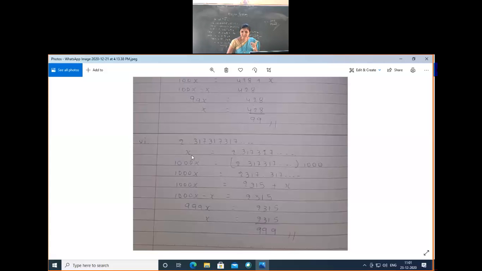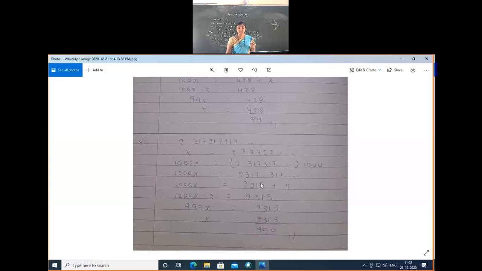Yes. First step is x is equal to 2.317, 317, 317, so on up to infinity. Then we have to multiply both sides by 1000, okay? Because in the repeating block there are 3 digits, 1000x is correct. 1000x is equal to 2317.317.